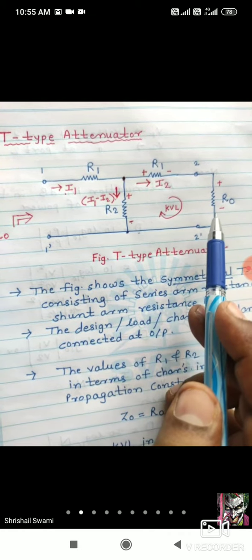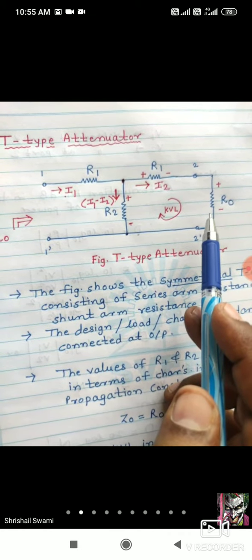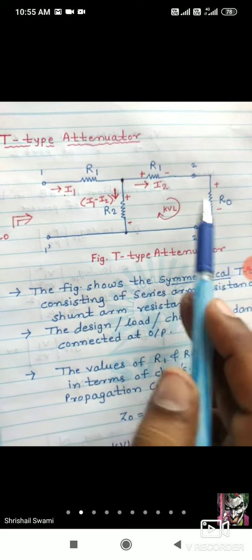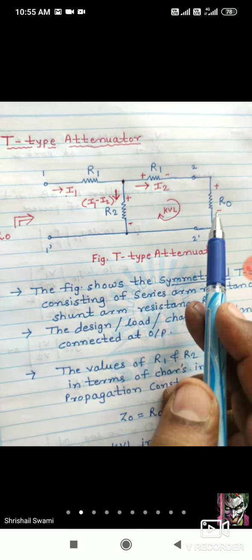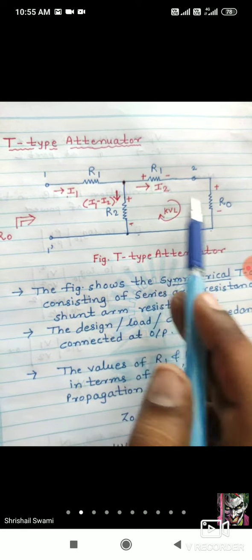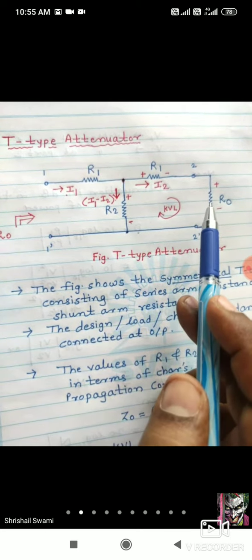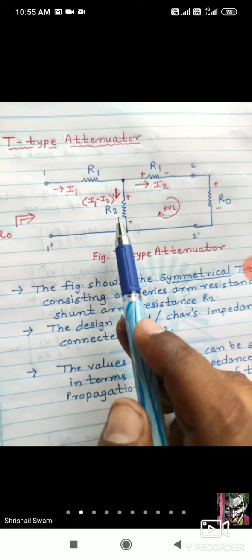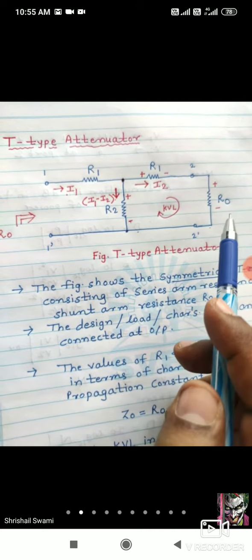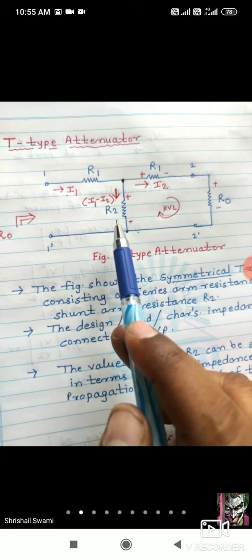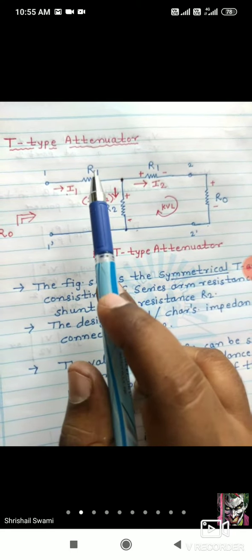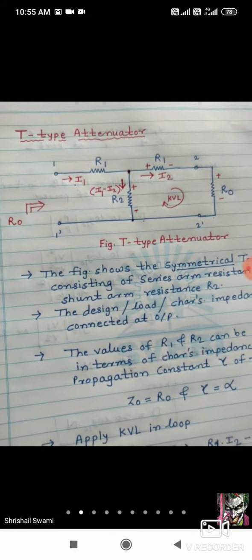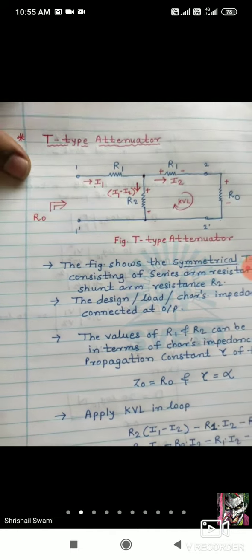R1 and R0, how are they connected, series or parallel? Series. So R1 plus R0 will come, that is in parallel with R2, and that is in series with R1. So this will give the value of equivalent resistance R0.